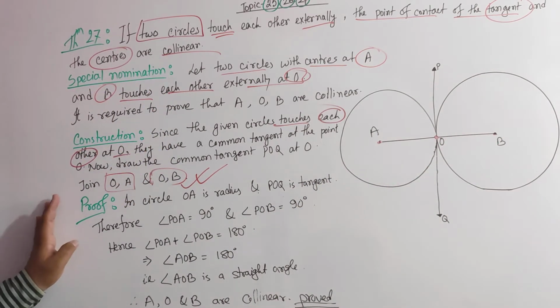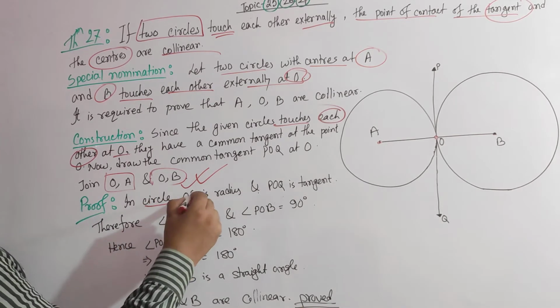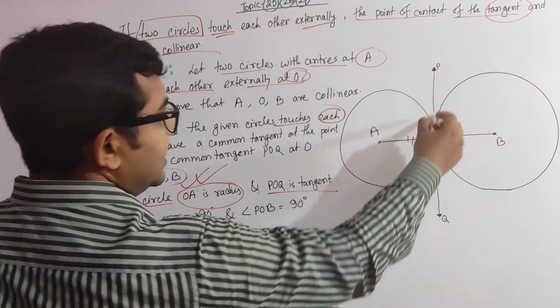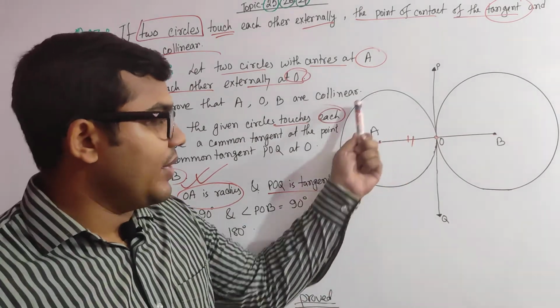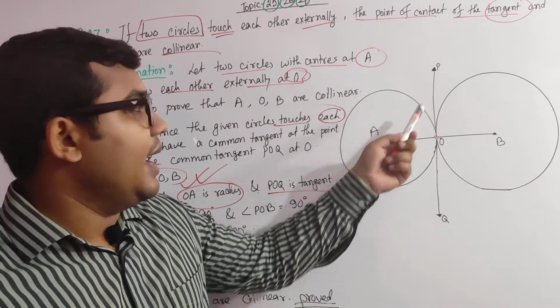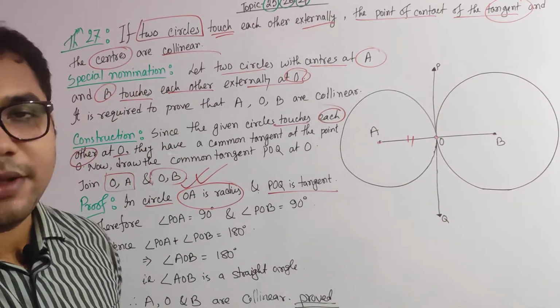Now in our proof part, we are talking about a circle where AO is a radius and POQ is the tangent. In this circle, A is the center, AO is the radius and POQ is the tangent.